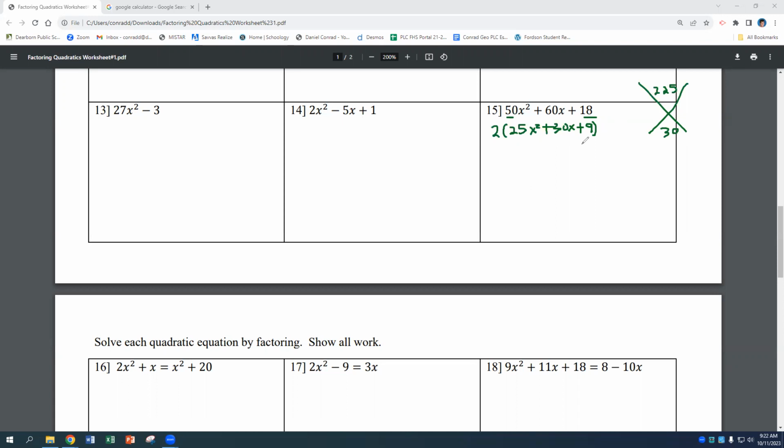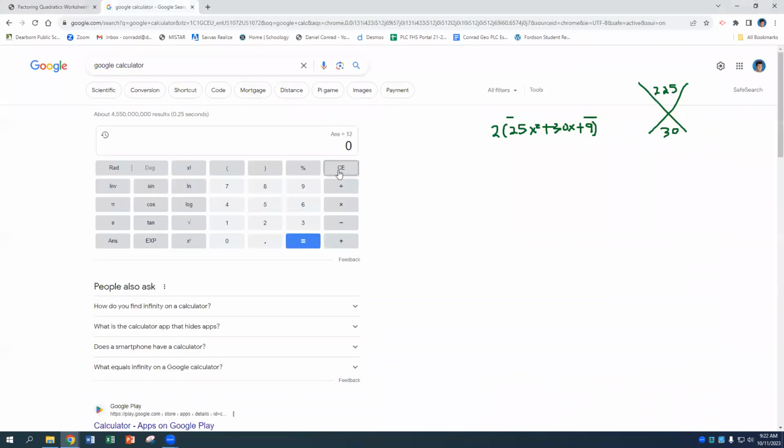It's going to be divisible by, let's see, 15, 25. So let's try 5. Right? 225 divided by 5 is 45. In this case, we're going to have to add them because it's positive. So 5 plus 45 is 50, not 30. 225 divided by 25 is 9. 25 and 9 do not add up to 30.